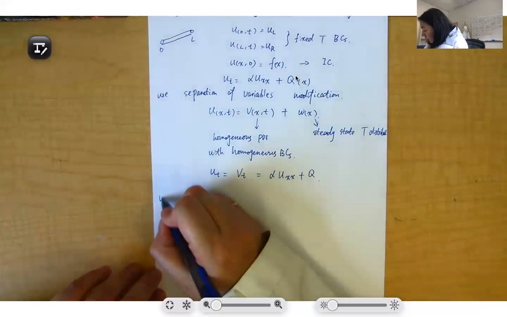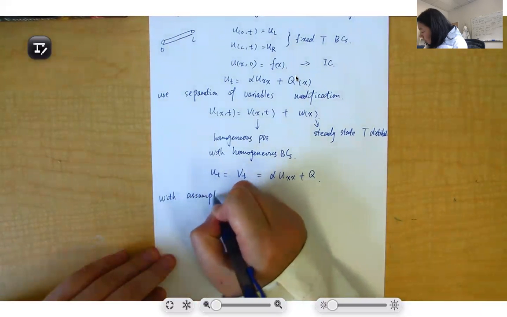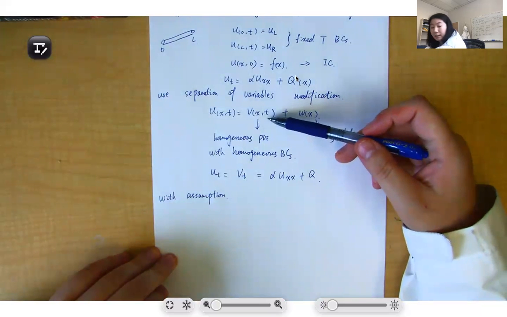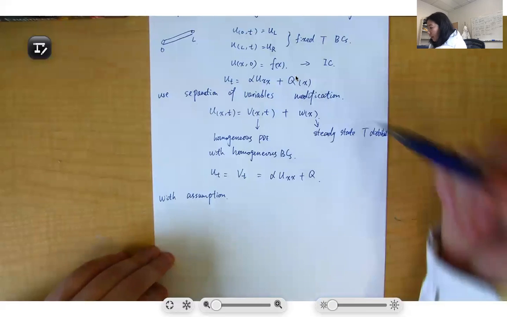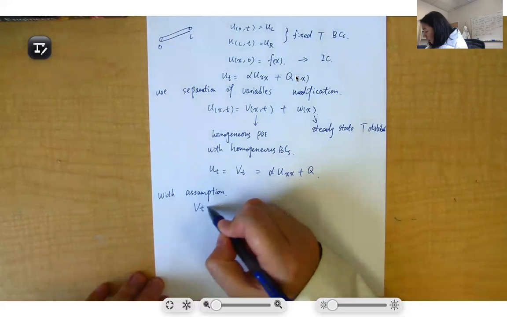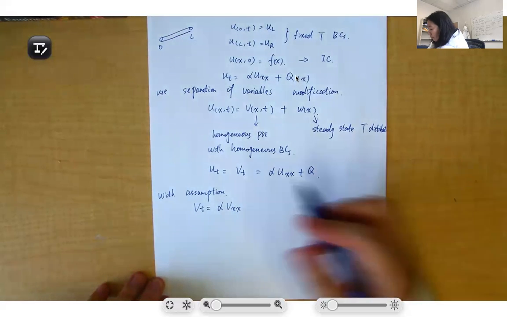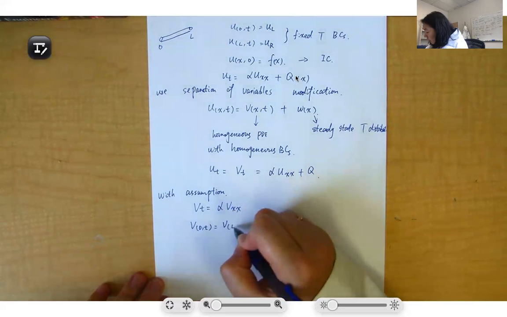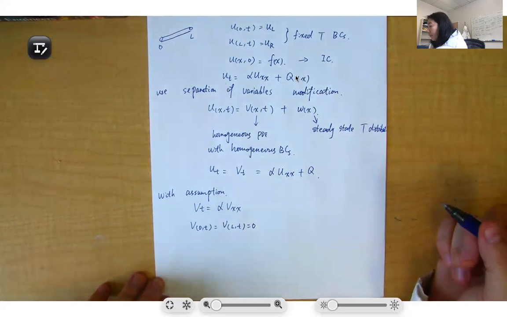With the above assumptions, what can we get? First, v(x,t) is a homogeneous PDE with homogeneous boundary conditions. Then v_t equals alpha v_xx, homogeneous PDE, and v(0,t) equals v(L,t) equals 0 because that is a homogeneous boundary condition.